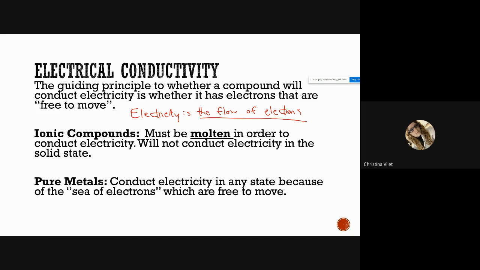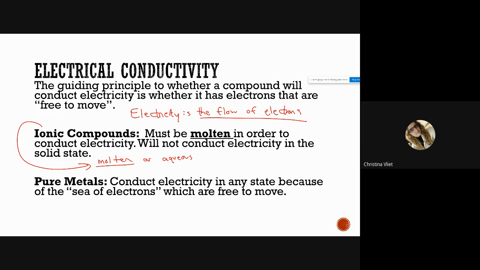So with ionic compounds, in order for electrons to move, it's got to be molten or aqueous. What does that mean? Molten means, think of molten lava. You ever heard of magma, like coming out of a volcano?